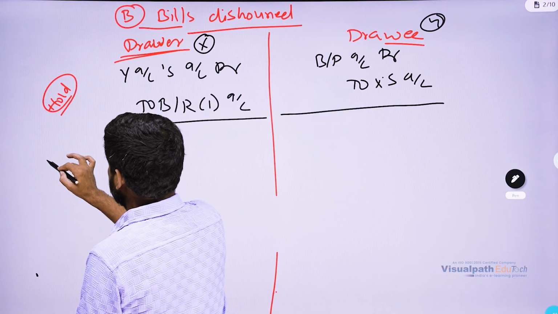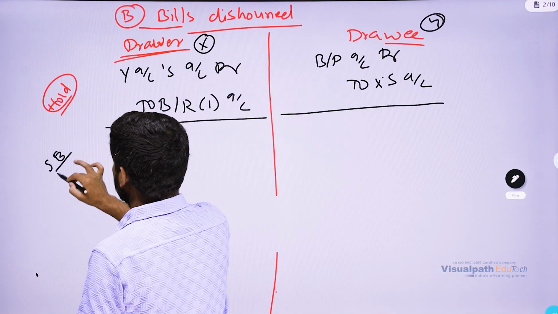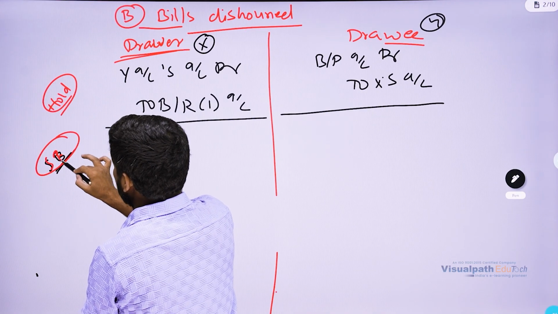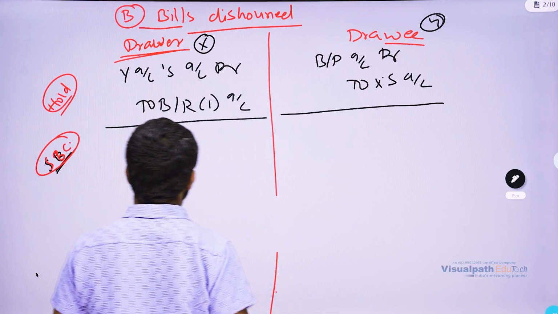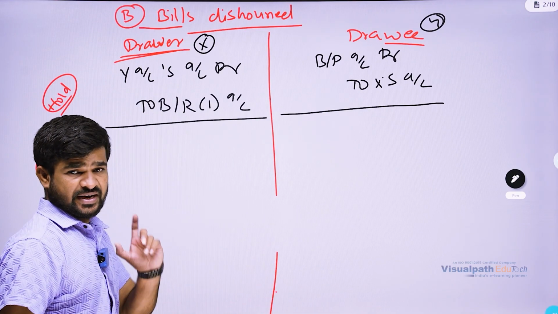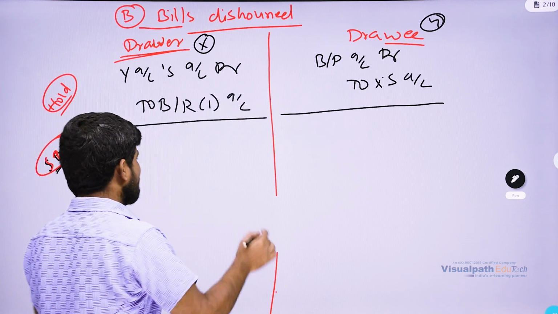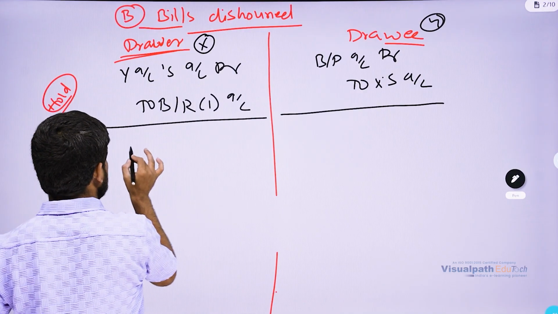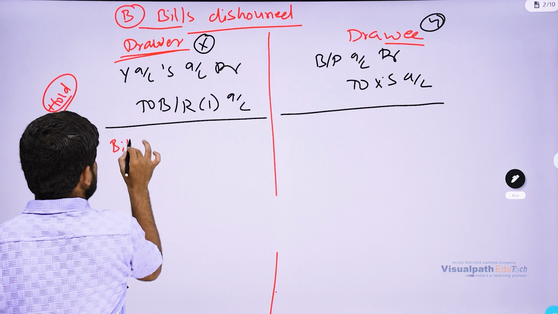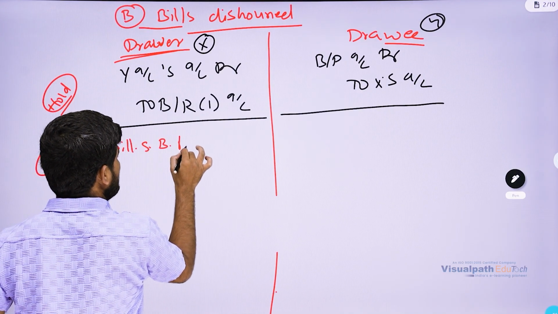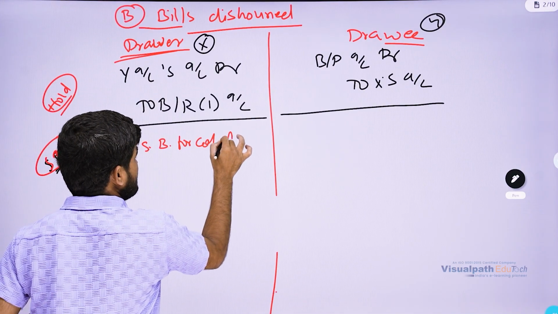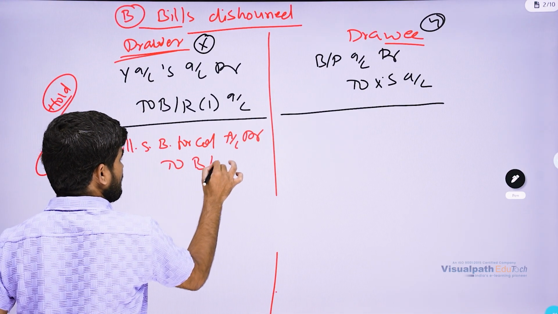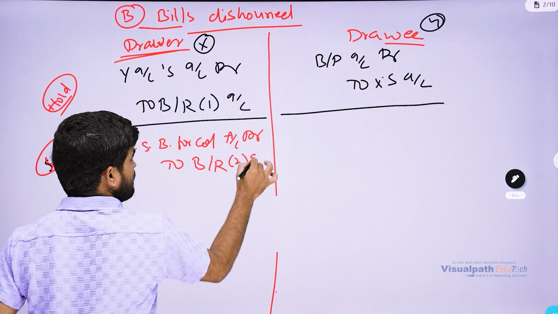Second condition, when it is sent to the bank for collection. In this case, the amount is not received at the time of sending. Whatever entry we recorded, bill sent to bank for collection account, will be debited, and bills receivable account will be credited.